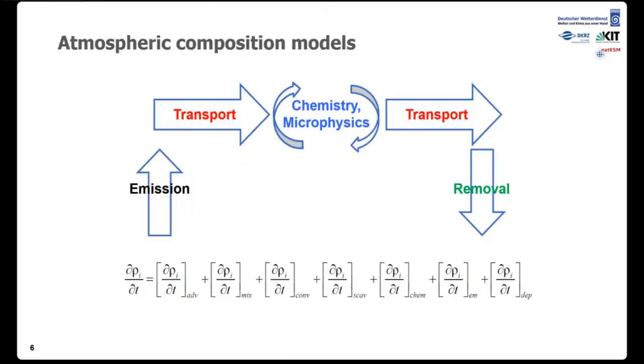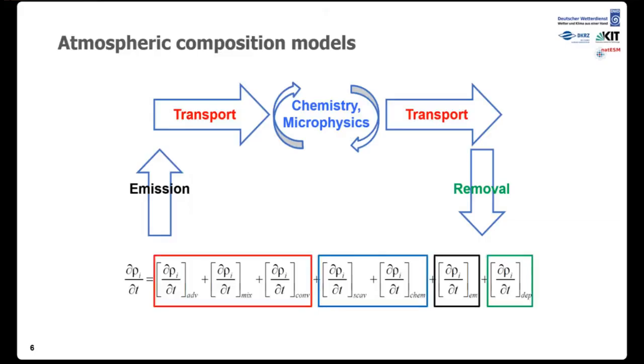Every atmospheric composition model is basically about solving this sort of mass balance equation. This is, for instance, for a gas species that has a density of rho_i here. And then you see all of the processes: the emission, transport, transformations through chemistry and microphysics, and the removal.